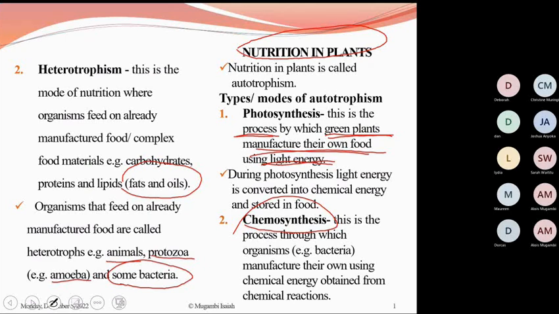This is majorly in those bacteria that are autotrophs. As you study more biology, you'll see the names of those bacteria that are autotrophs and others that are heterotrophs.